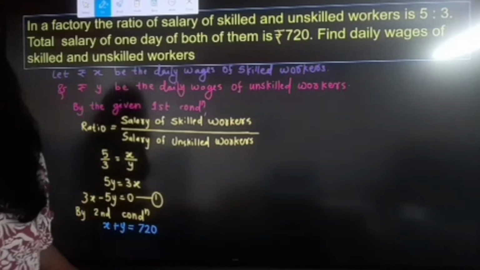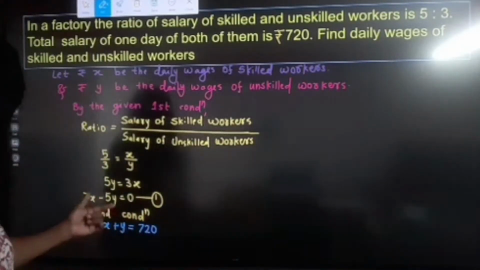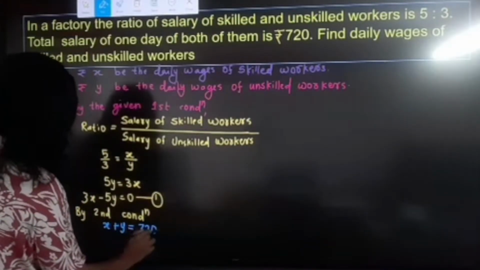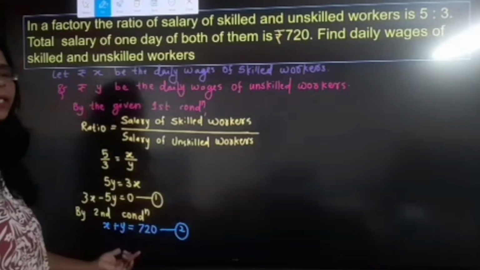Okay students, so here I got two equations. First one is 3x minus 5y is equal to 0, and second one is x plus y is equal to 720.